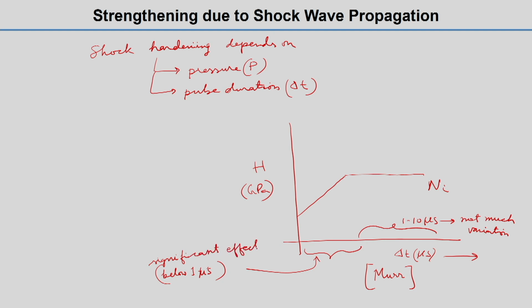We can write significant effect of shock, or we can say that this varies with delta t. That means what we are talking about is variation with delta t, that is the shock pulse duration.